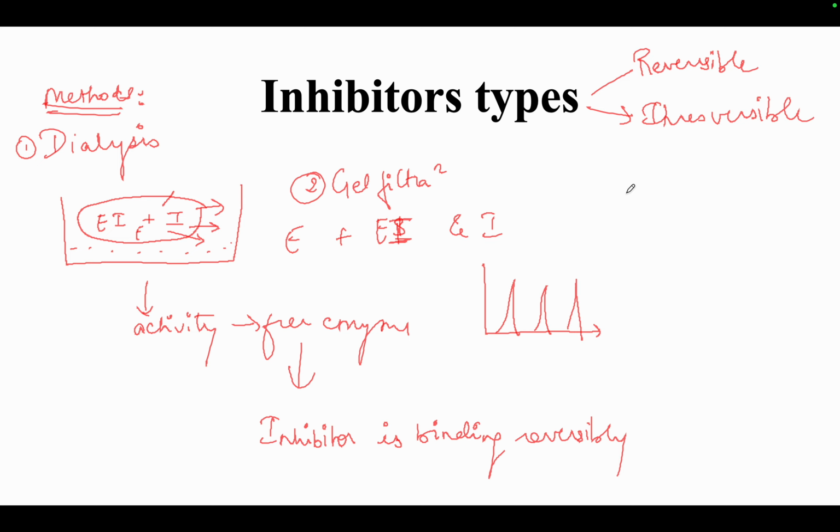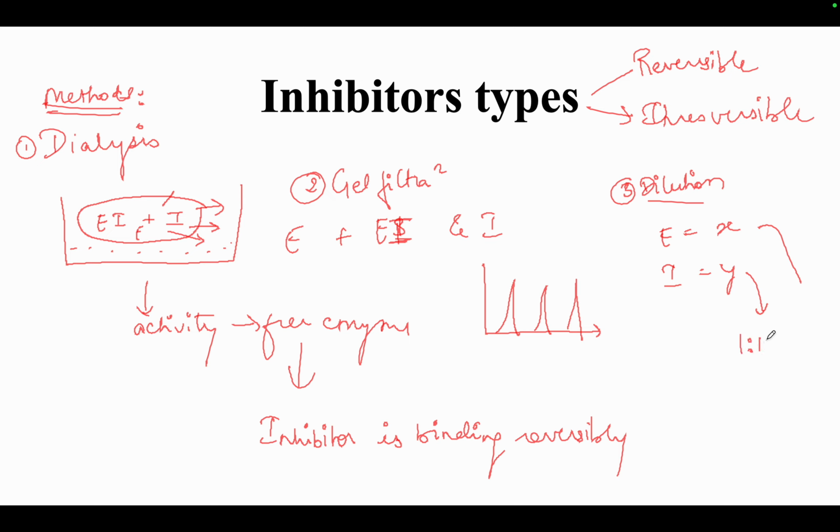And the other method is the dilution method. This is not that sensitive a method to find out whether the binding is reversible or irreversible. In this method, we particularly use some X concentration of enzyme and some Y concentration of inhibitor, and then we dilute this as per our requirement.